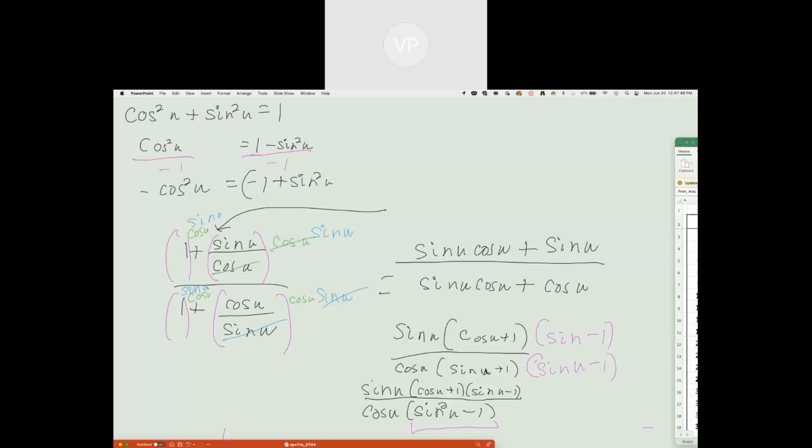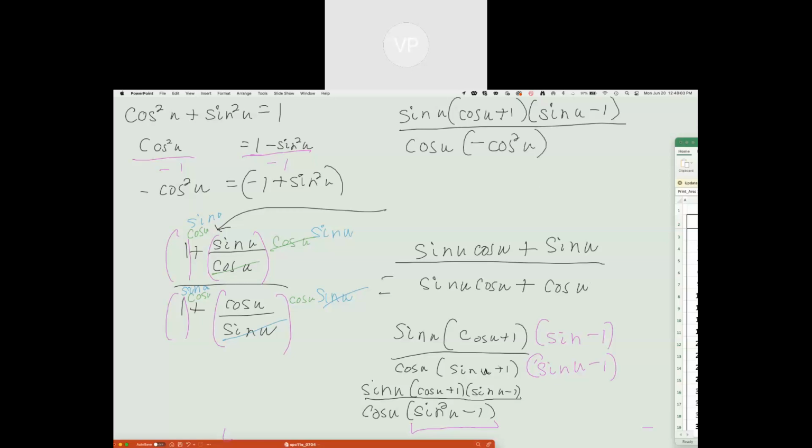And that's the same thing as what we have on the bottom. Okay, so I could take this and on the bottom I end up with a cosine u and a negative cosine square u.